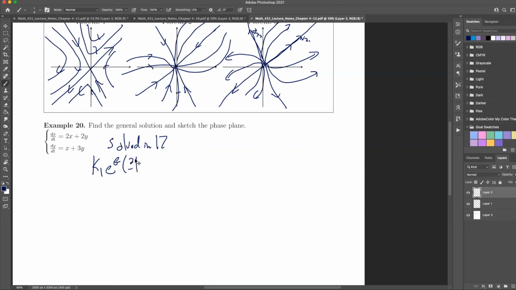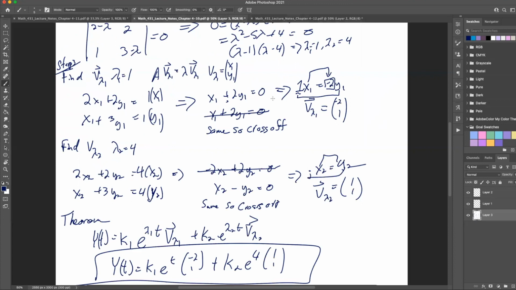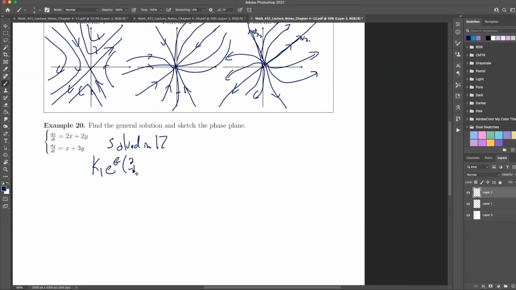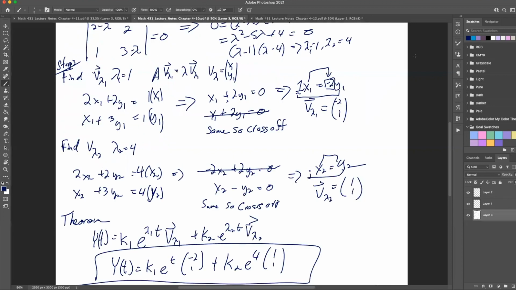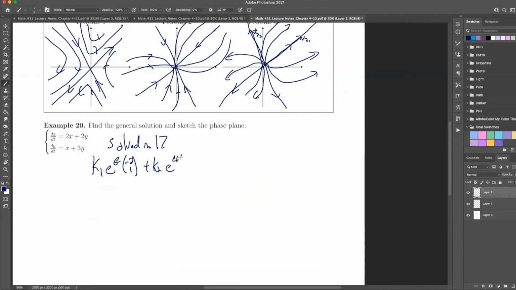Is that what we had? I want to keep it the same as before. No, this one is (-2, 1), plus k2 e to the 4t times (1, 1). So here we just solve it like we did before. Now we just want to sketch the phase plane.